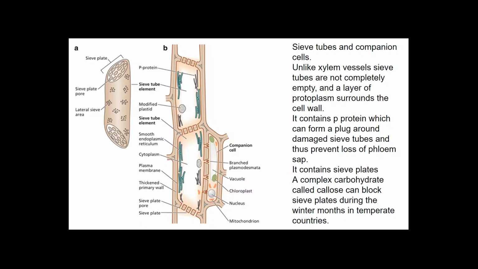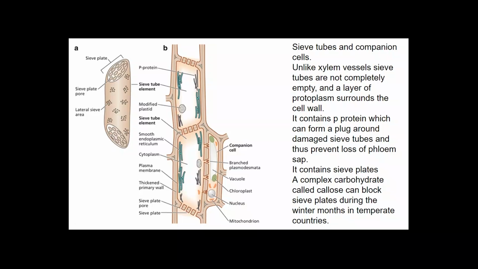So sieve tubes and companion cells. The sieve tube, each one has a companion cell associated with it, and there are pores between the companion cell and the sieve tube, which you can see here. And of course, the sieve tube is not a continuous tube, but it has these sieve plates.